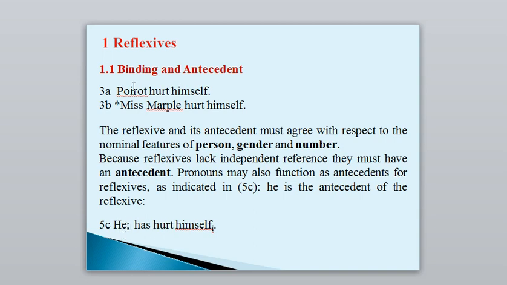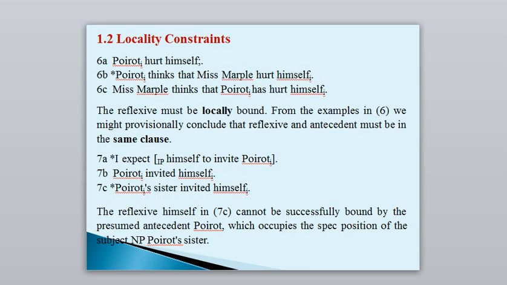So not only the proper names can be the antecedent of the reflexive, but also pronouns can be the antecedent of reflexive. Look at this example. He has hurt himself. You see here, this himself as a reflexive can come back to the pronoun he here. So the pronoun can be the antecedent of reflexive. So this is the antecedent, okay?